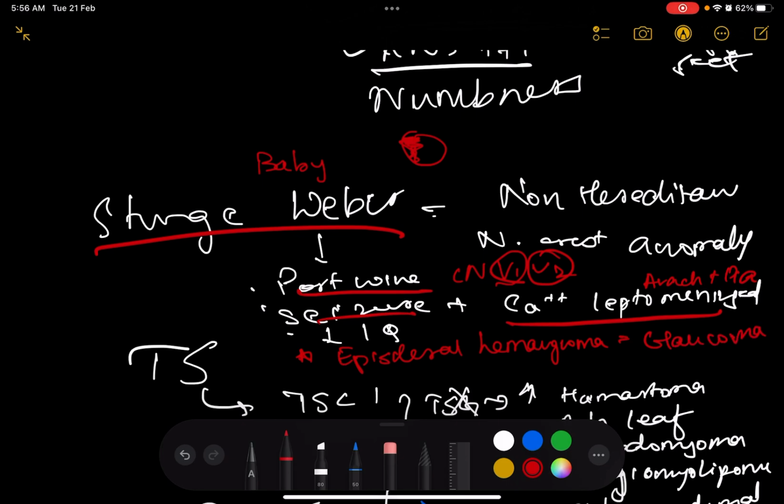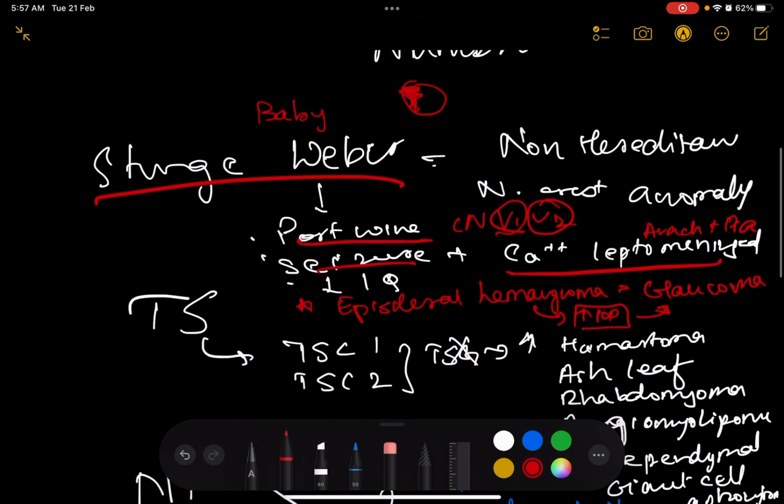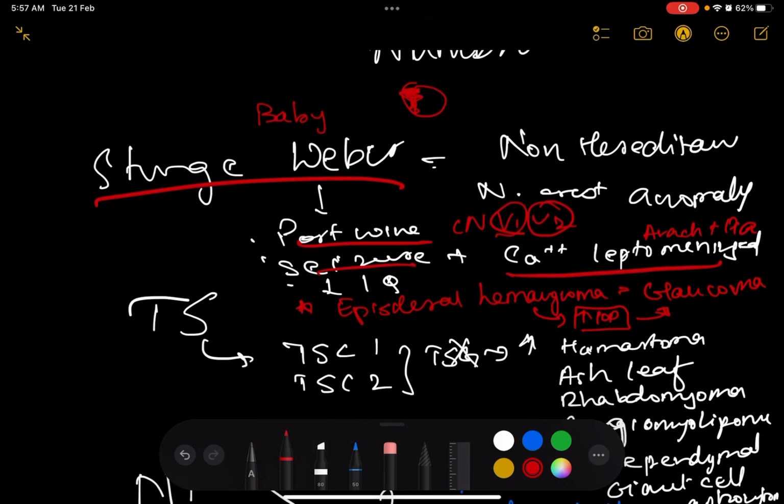Because if you have a hemangioma at the episclera, it could lead to raised pressure because of increased aqueous humor production. So if there is an episcleral hemangioma and an increase in intraocular pressure, it could directly lead to glaucoma. So that is what Sturge-Weber syndrome is.